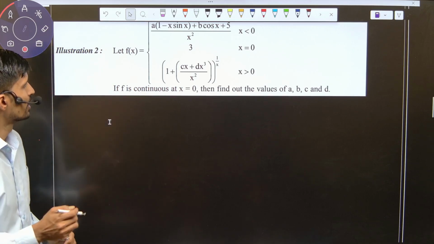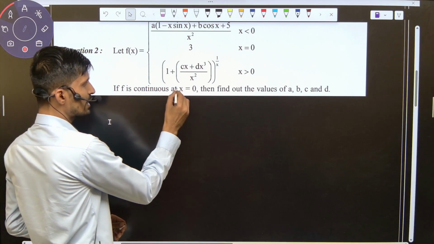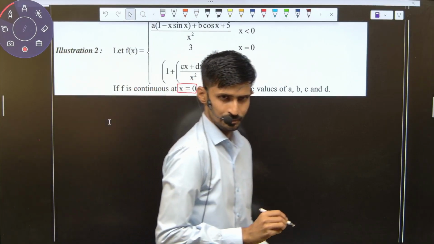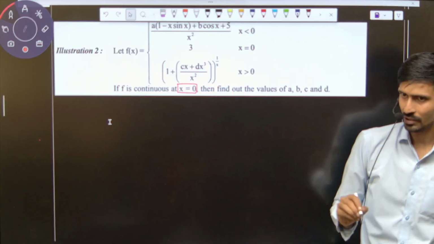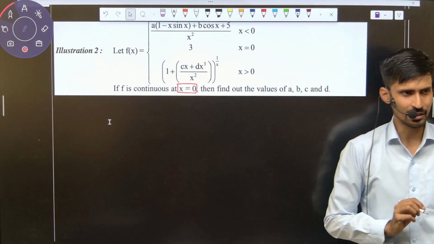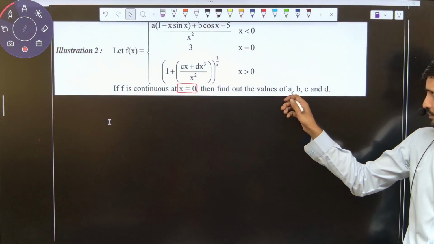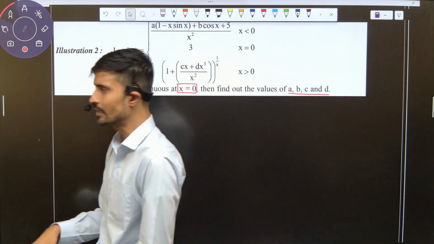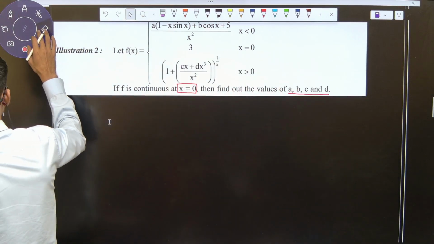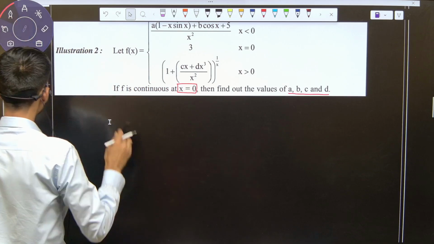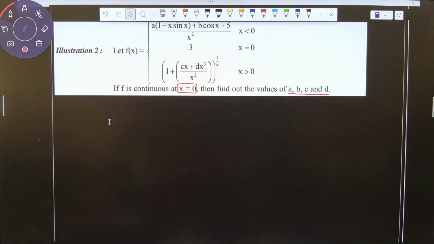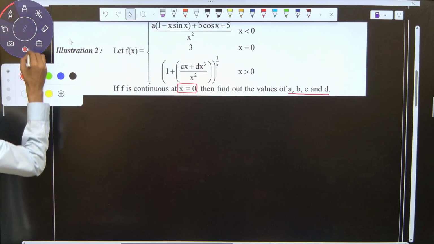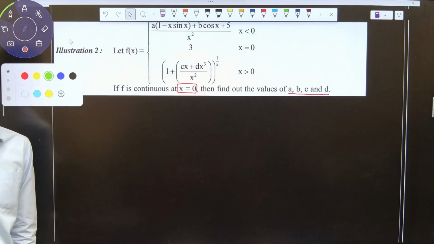First question is, function is continuous at x is equals to 0. And we have to find A, B, C, D. So just you think, only one mathematics we have to think.